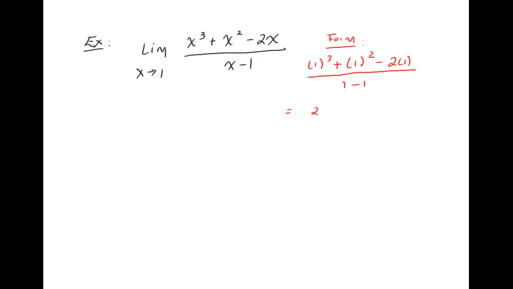So that gives me 2 minus 2 times 1 is 2 over 1 minus 1. So that gives me 0 over 0. This is most certainly an indeterminate form. Because I noted that, I can apply L'Hopital's rule.